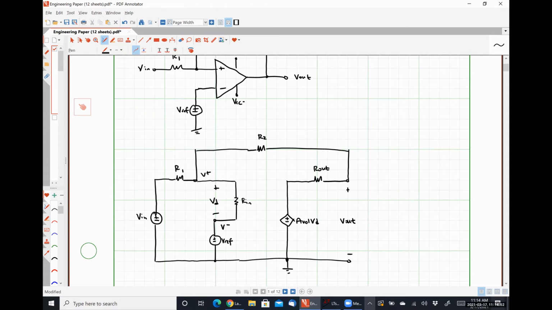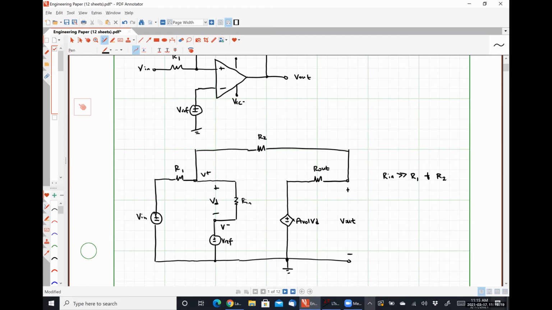This circuit is going to be a little bit difficult to analyze, so we're going to make two important assumptions. One is that our input resistance of our op amp Rin is much, much greater than our biasing resistors R1 and R2.